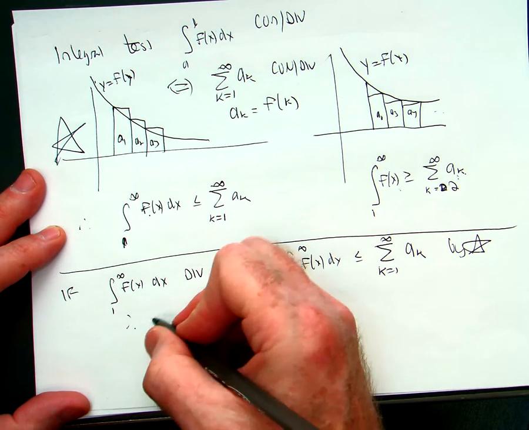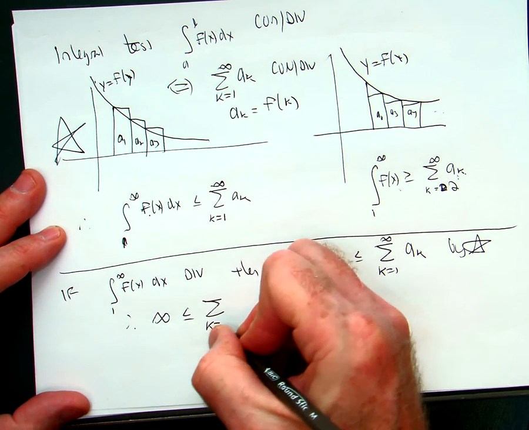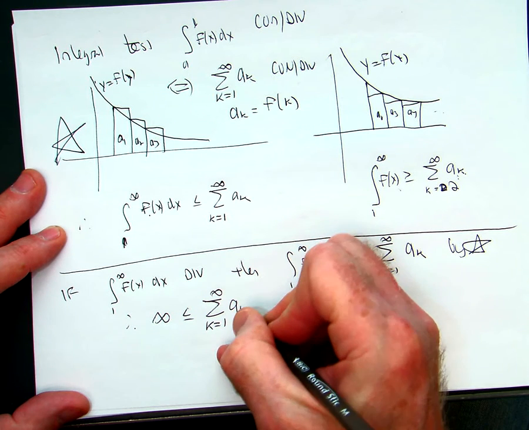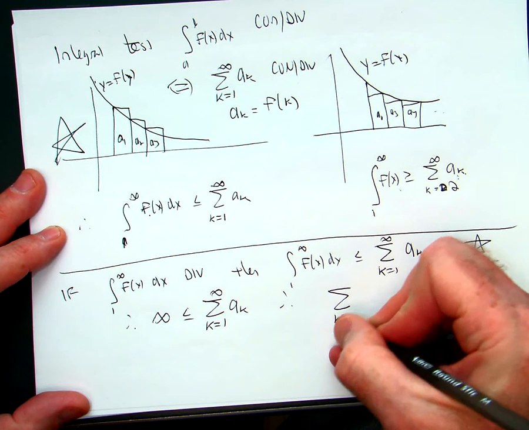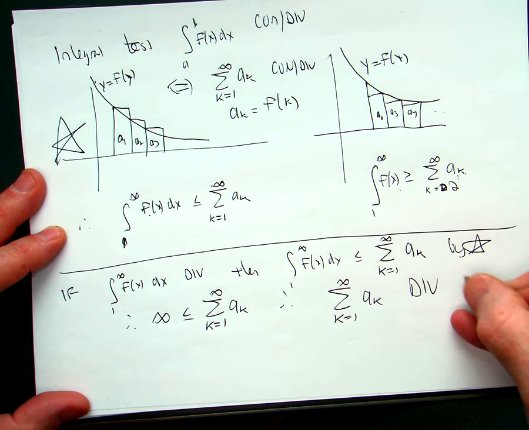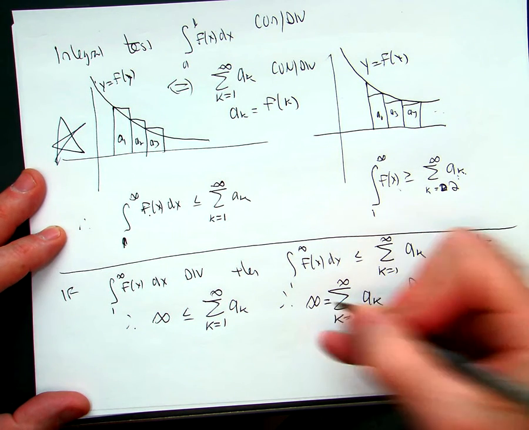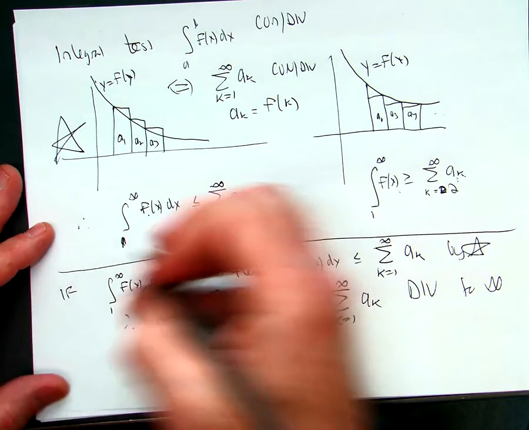Therefore, we have infinity less than or equal to this series. So therefore, this series a_k diverges to infinity. Okay, so that's this part.